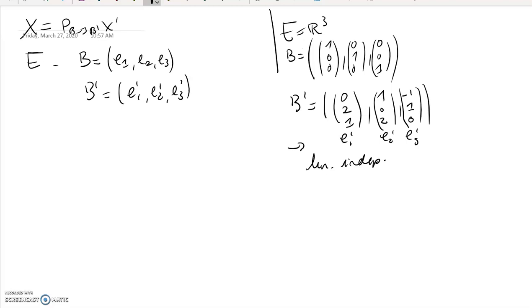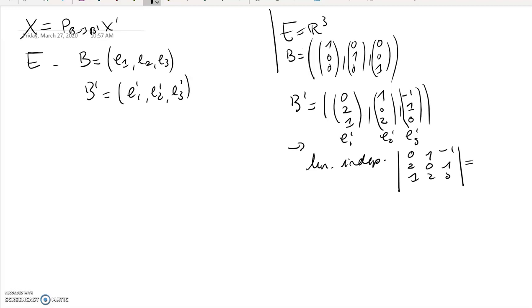To show that it's linearly independent, you have to remember from semester 1 of this year that you just need to calculate the determinant of the corresponding matrix. If the determinant is different from 0, the rank of the system is 3, so we've got 3 linearly independent vectors in dimension 3, and that makes a basis.